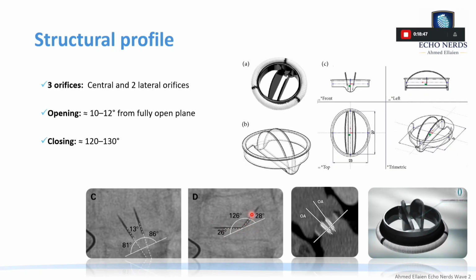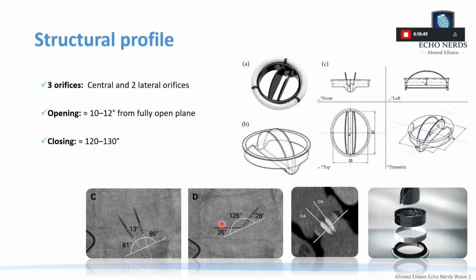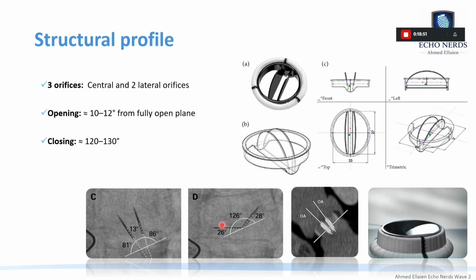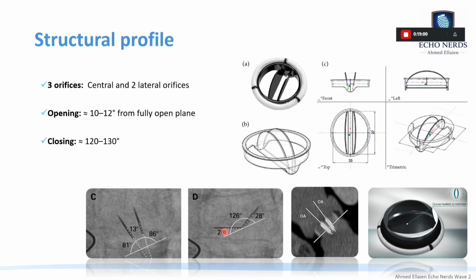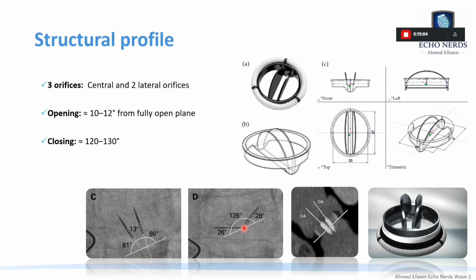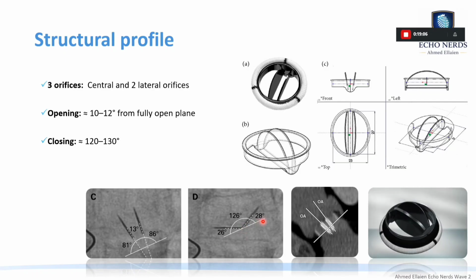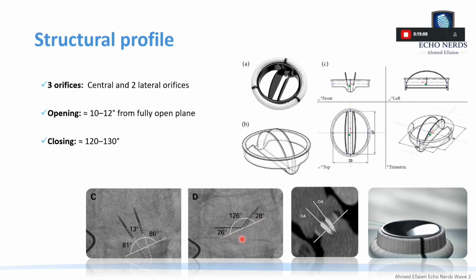This also is an important aspect to recognize in order to know that this is normal. Because if you don't know this is the normal range of movement, you will think that the patient is having thrombus here, restricting its full range of movement to reach the horizontal plane. No, this is the normal range of movement during closing of the valve.